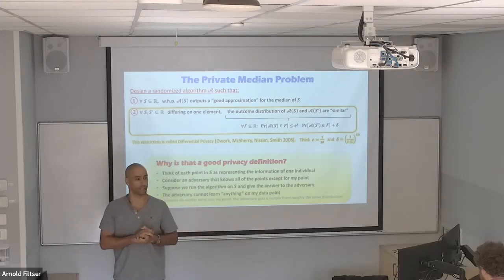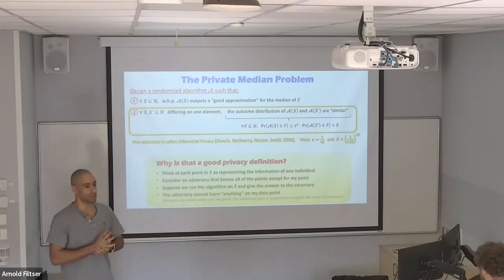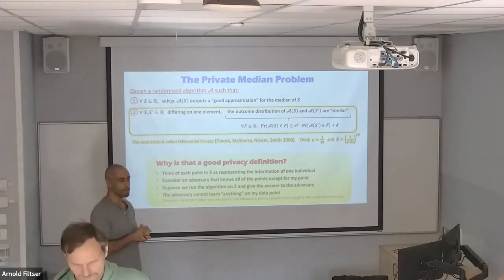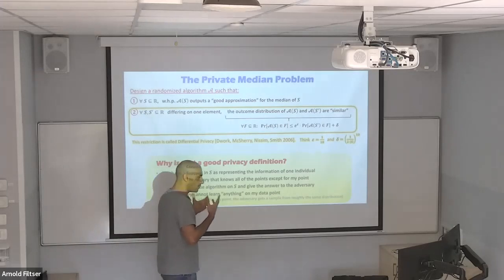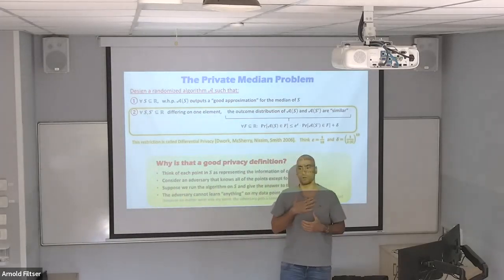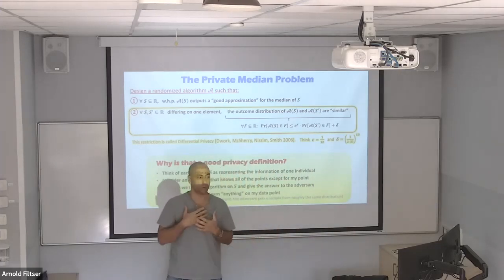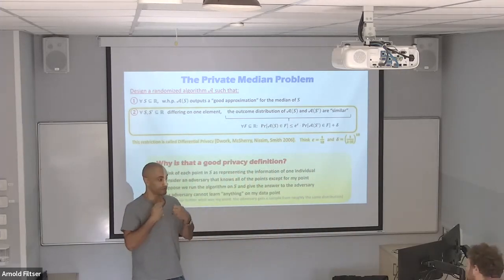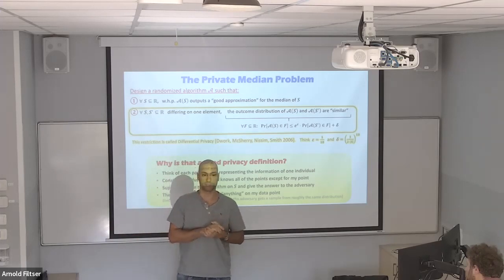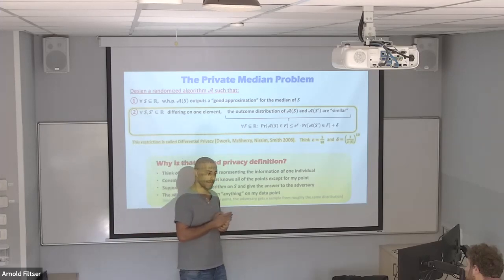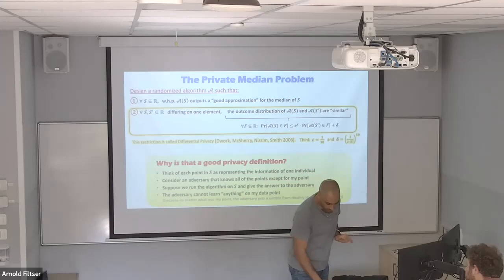Now we take this data set, we run our algorithm on the data set, we get an outcome, and we give this outcome to the adversary. From the adversary's point of view, he cannot learn much about my data point, because no matter what my input point was, he would have seen a sample from roughly the same distribution. Make sense? So that's differential privacy.